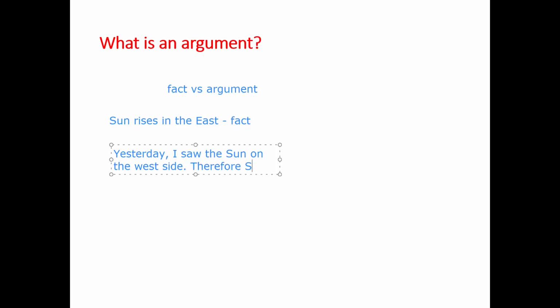Therefore, the sun rises in the west. See how this student made an argument. The moment you look at this information, everything seems correct. Yeah, he saw the sun on the west side, perfectly okay. And the sun rises in the west.